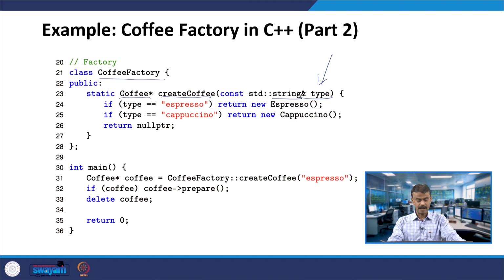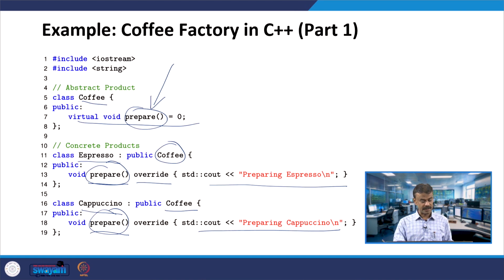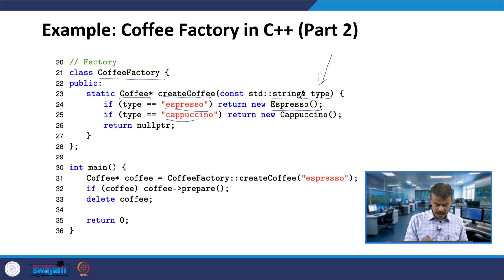If the type is espresso, return new, that means it is calling the espresso constructor. Otherwise, if it is cappuccino, return new, calling the cappuccino constructor. If both are not there, it returns a null pointer.